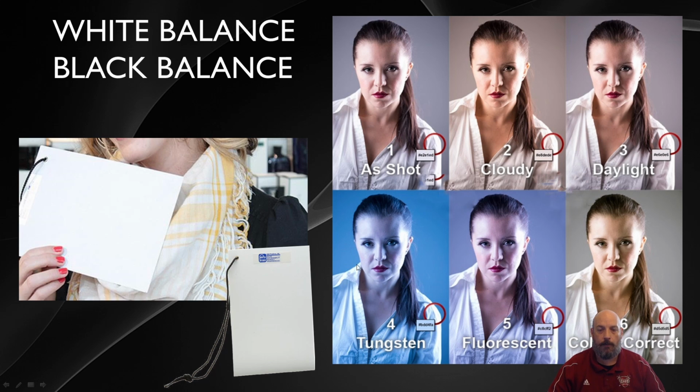I'm sorry, that was tungsten. If they change it to a fluorescent light, then you're going to get a little less blue, but a little more white. And then in the last one, they do a color correction and they set the camera for the current lighting situation by using a white balance, and your colors come out better and more accurate.